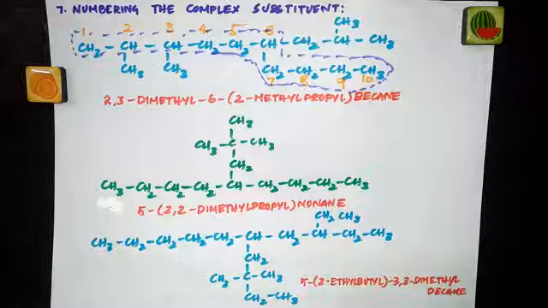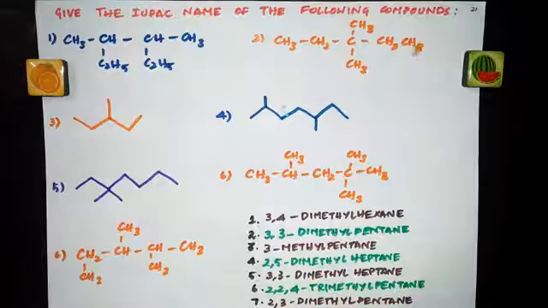Now we will try to give the IUPAC name of a few compounds following all the rules that we have learned so far. So here I have written some 6 organic compounds. Now we are going to try naming these compounds following the IUPAC nomenclature. So recall all the rules that we have learned so far.